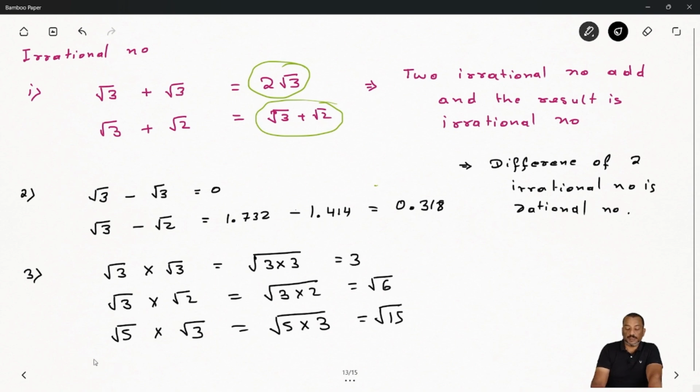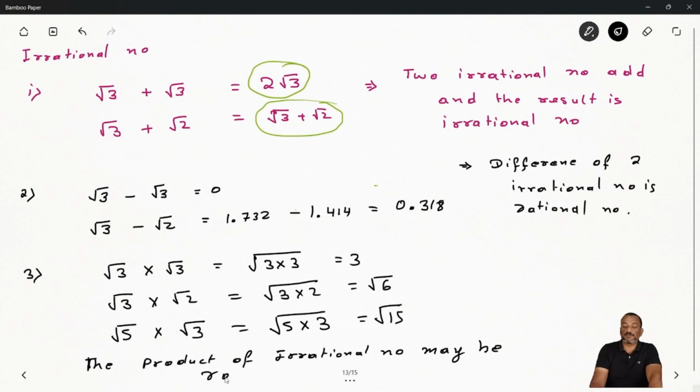So we can write the product of irrational numbers may be a rational number or an irrational number.